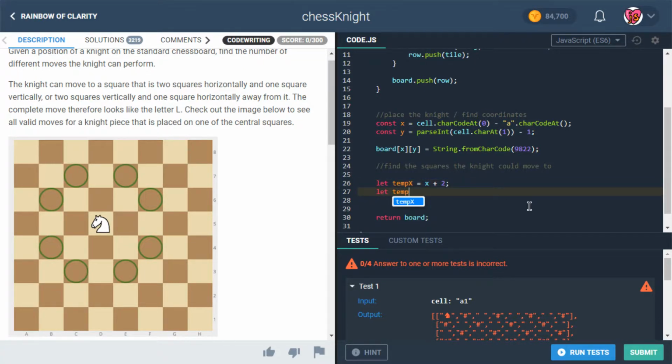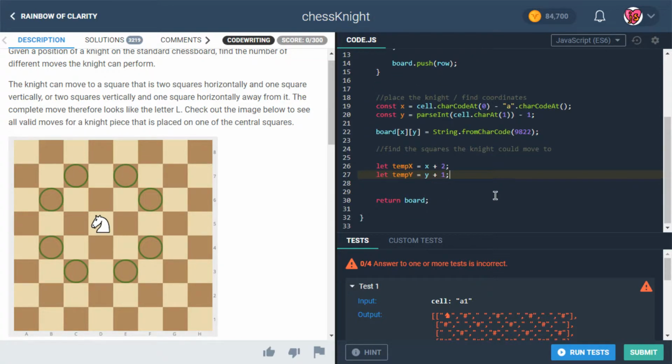And we'll say let temporary y be y plus, we'll say 1. Okay, something like that. All right, so then we've got a temp x, temp y, and basically what we're trying to say is, if we move 2 this way, 1 that way, are we still going to be on the board?